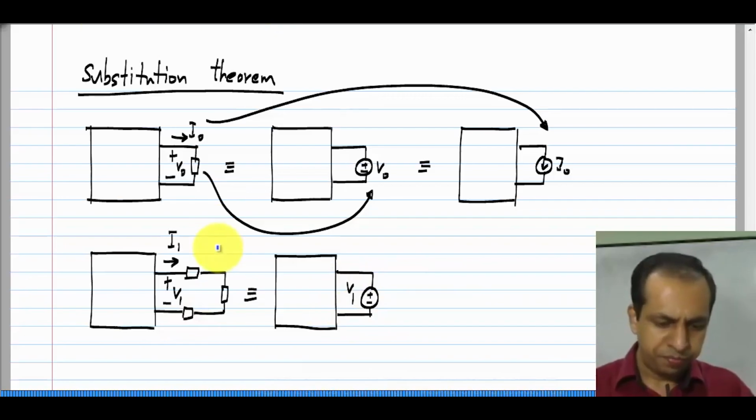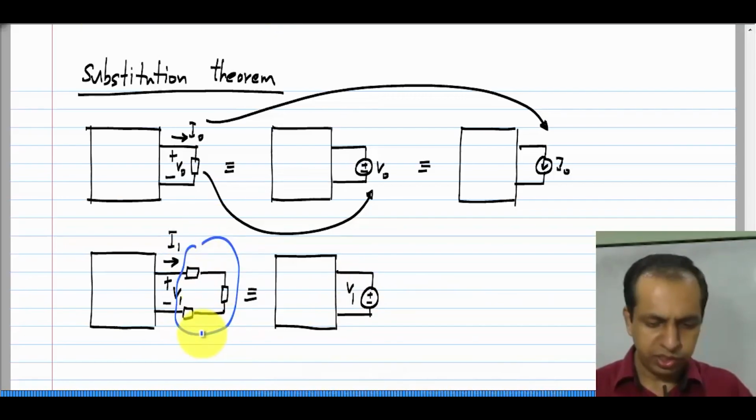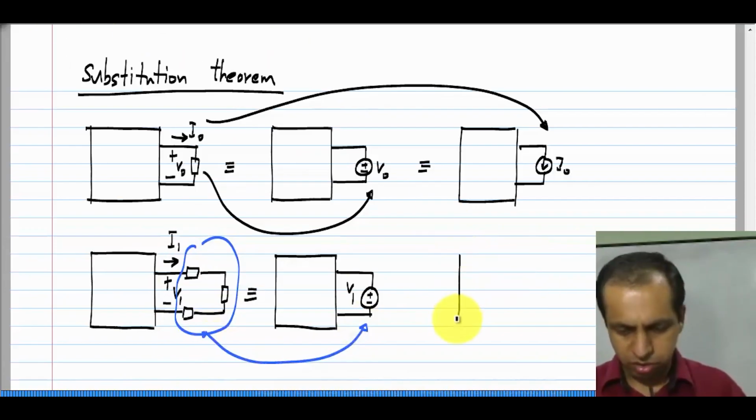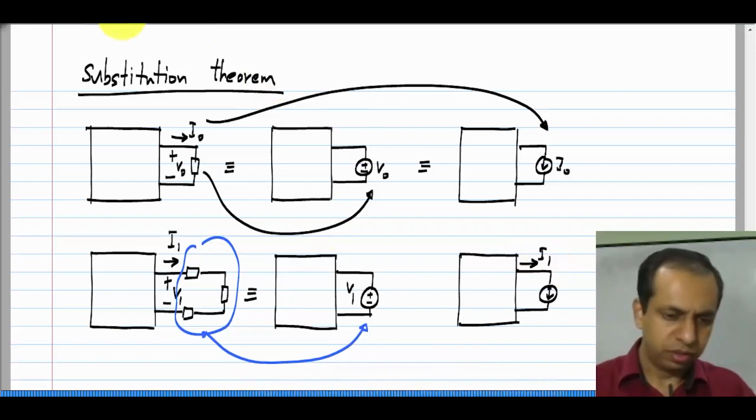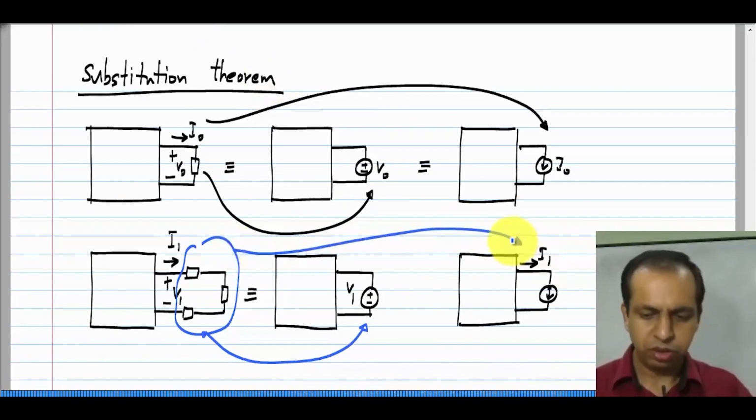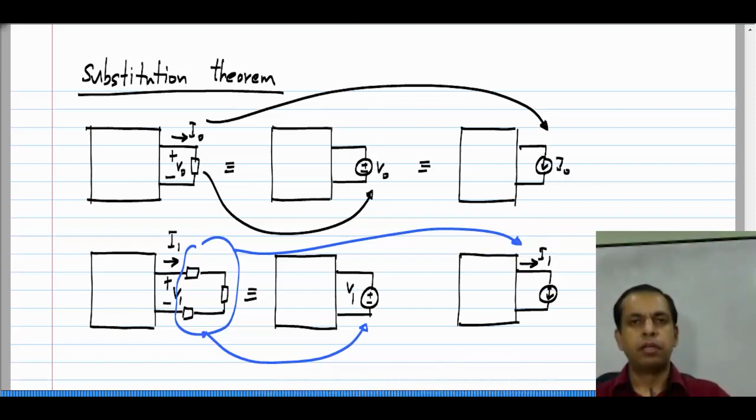So, I am replacing this whole series combination with that, or I could also replace the series combination with a current source of value I1. So, this is the extension. What you substitute does not have to be a single component, that is the point I am trying to make here.